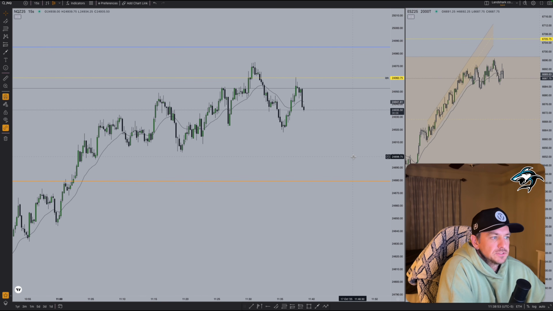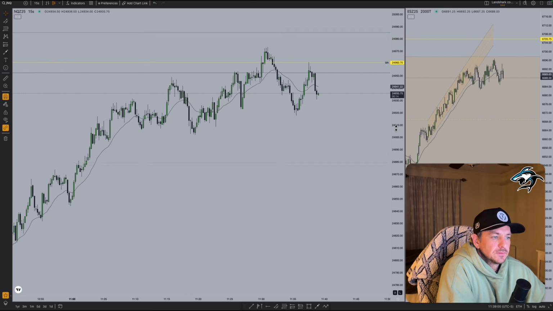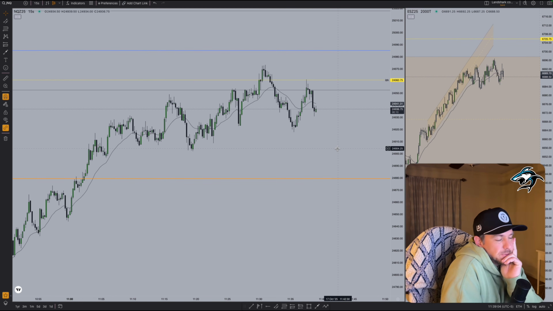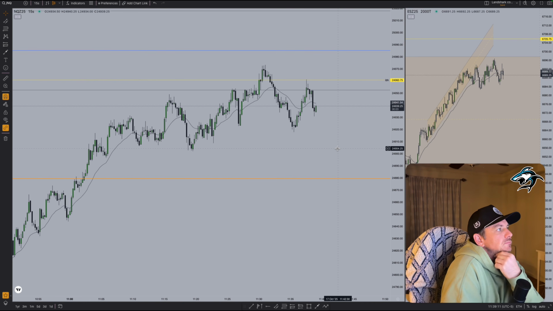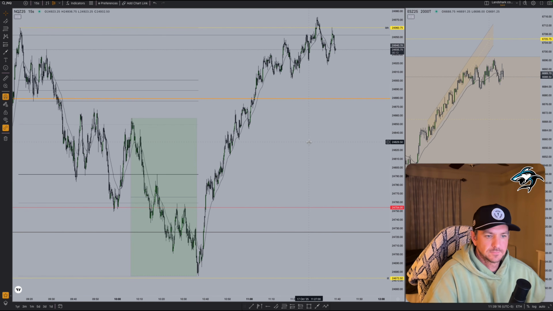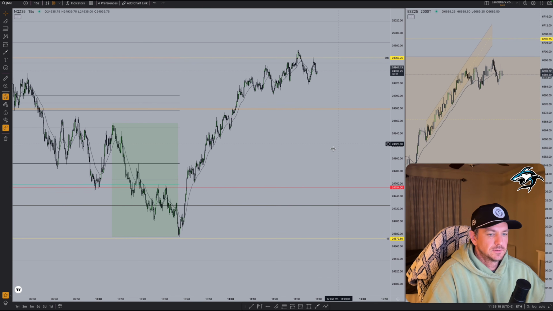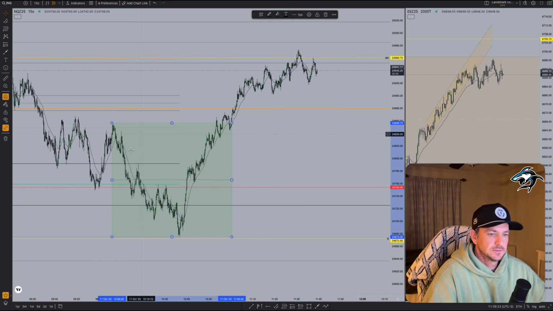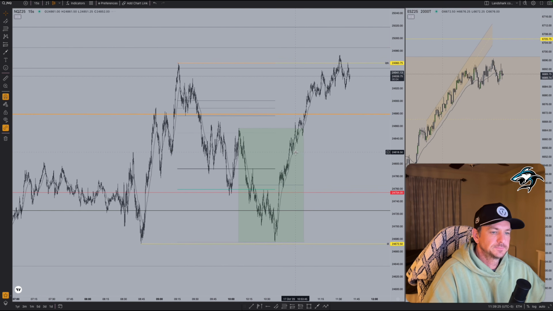So being careful in chop, making sure that I'm not going to get chopped up, buying highs, selling lows. Looking for as clear a read as possible on where price could possibly go. So obviously I would like to see if we could come back down to this area we left behind.